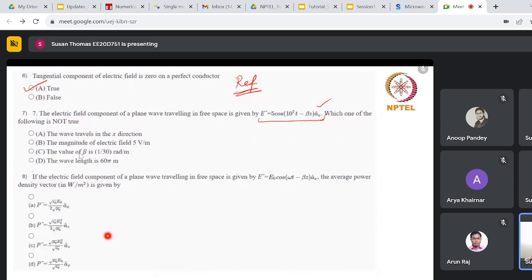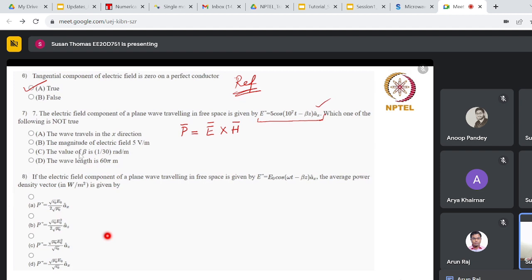That is very important. So the direction of wave propagation is not the same as the direction of electric field. I think you might be remembering this from electromagnetic field theory. We have electric field vector cross product with magnetic field vector, which gives a pointing vector, which is basically indicating the direction of the power flow.